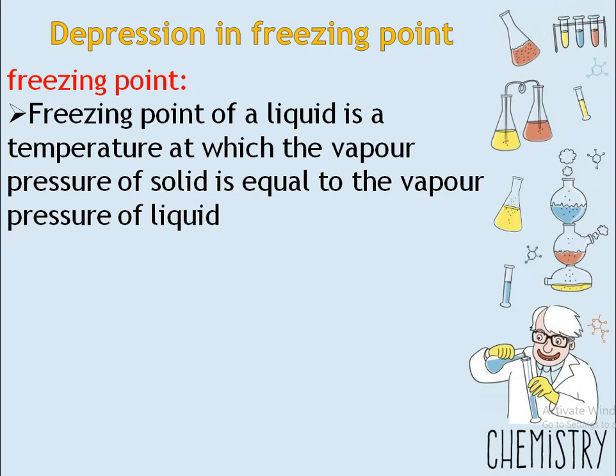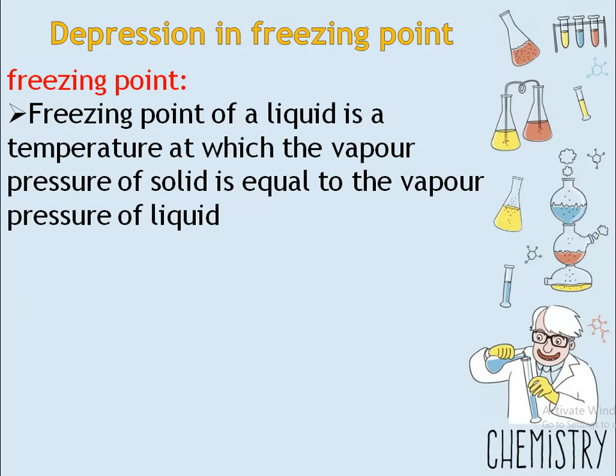A solution will freeze when its vapor pressure becomes equal to the vapor pressure of the pure solid solvent. So we know that when a non-volatile solute is added to a volatile liquid, the solution's vapor pressure will be lower than that of the pure solvent.